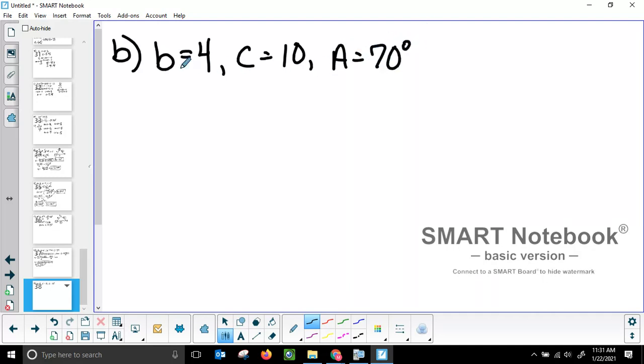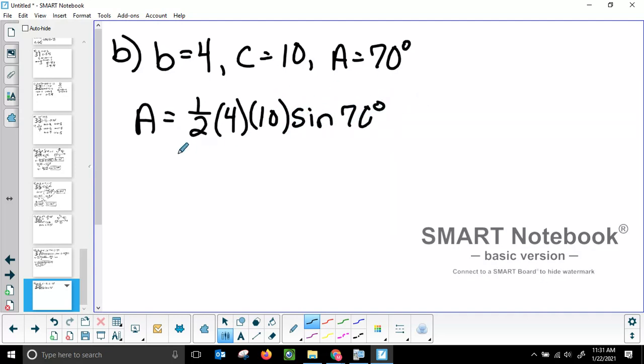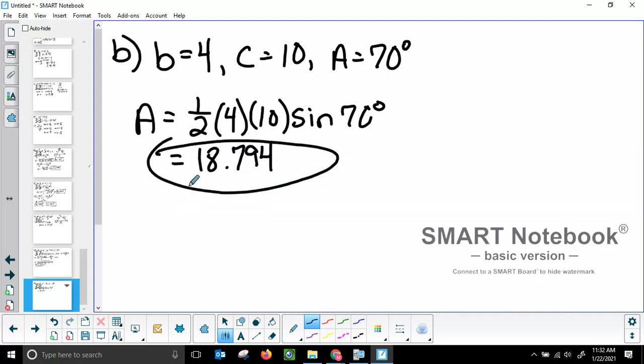Now whenever we're given two sides and an angle, and all of the letters are different, that's where we do A is equal to 1/2 times each side times the sine of the angle. So you plug that into your calculator, and you get 18.794. Done.